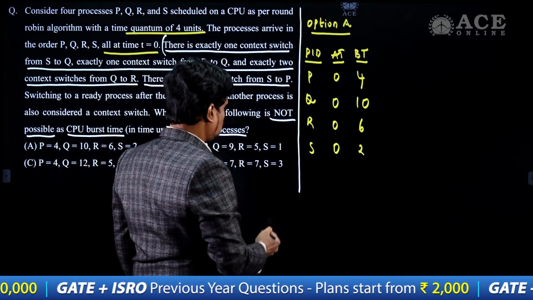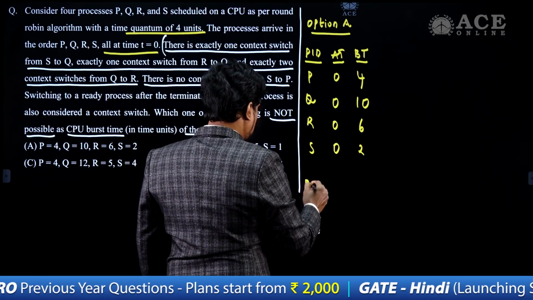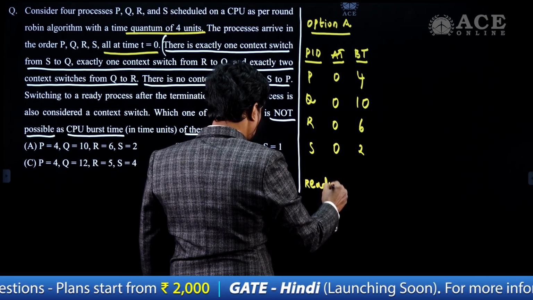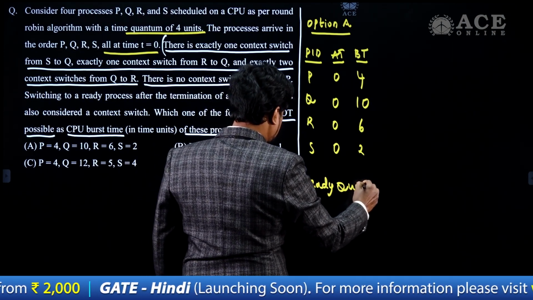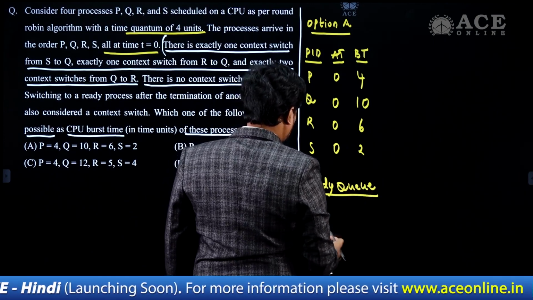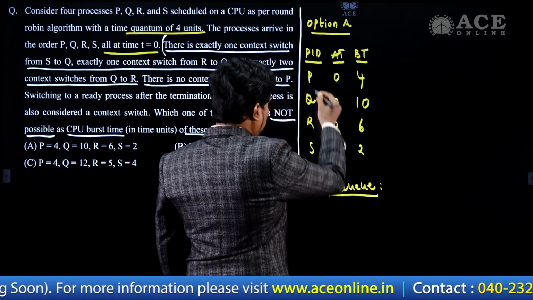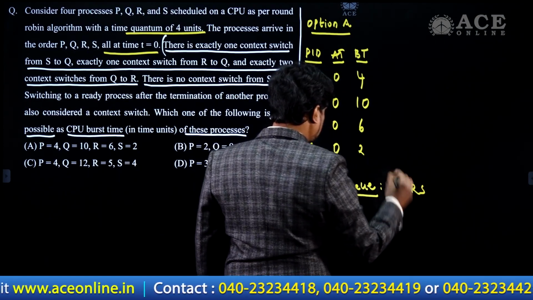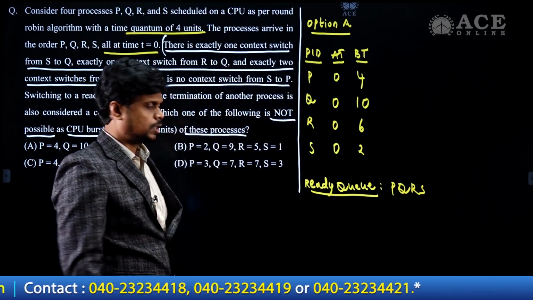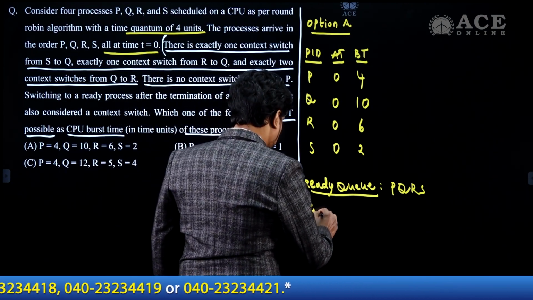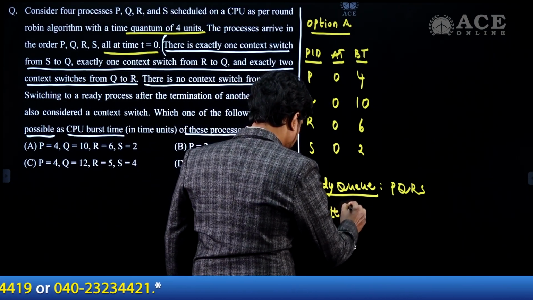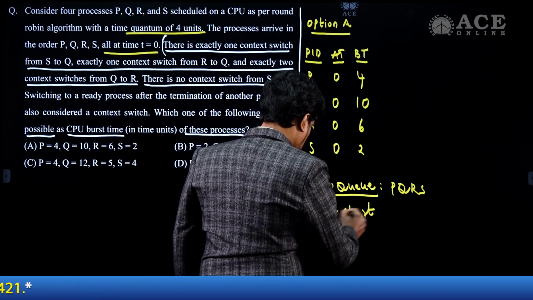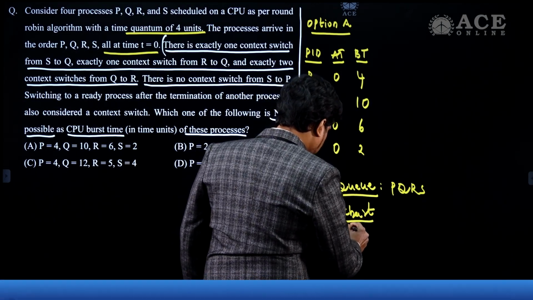Okay, now let's consider the ready queue. Into the ready queue, these 4 processes arrive in the order P, Q, R, S. Now let's draw the Gantt chart for this system.